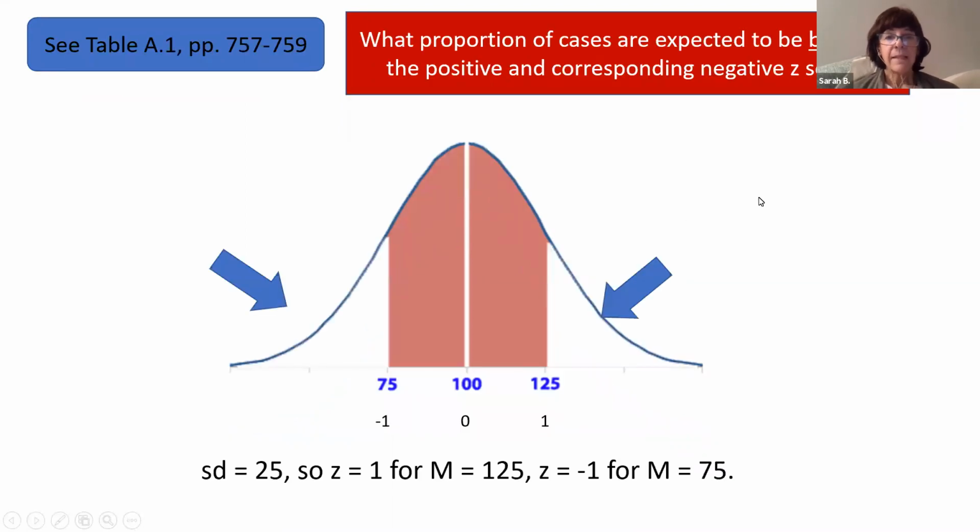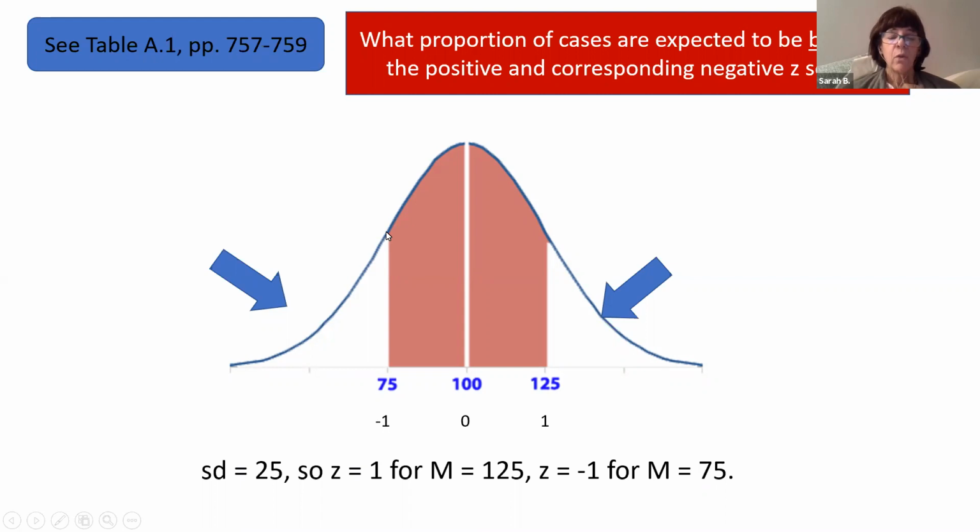So let's say we have a distribution with a mean of 100 and a standard deviation of 25. So a score of 125 has a z-score of 1, and a score of 75 has a z-score of -1.